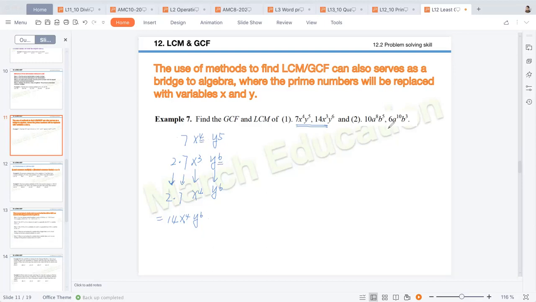For the least common multiple, this is the one, and the greatest common factor should equal 7 times x cubed and y to the fifth power. Great.